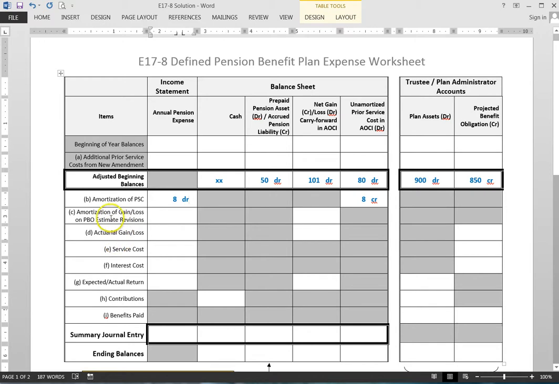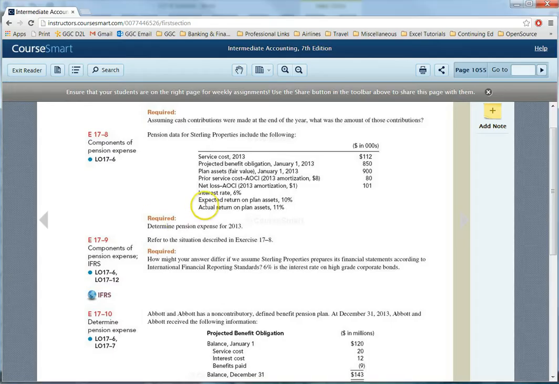So both of these items, C and D, generally are captured in this net gain or loss carry forward in the AOCI account. And we just have to read the problem to determine whether the amortization is related to an actuarial gain or loss, or if we're actually amortizing a pre-existing gain or loss.